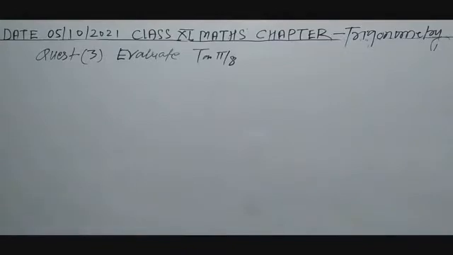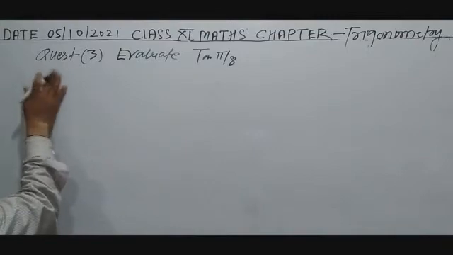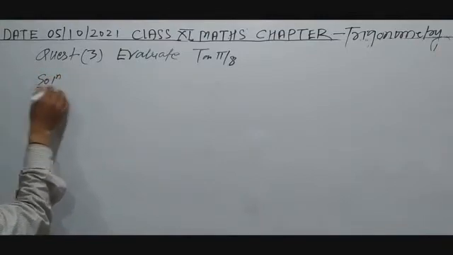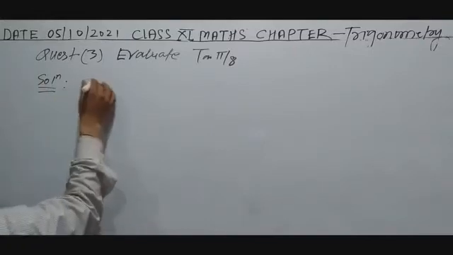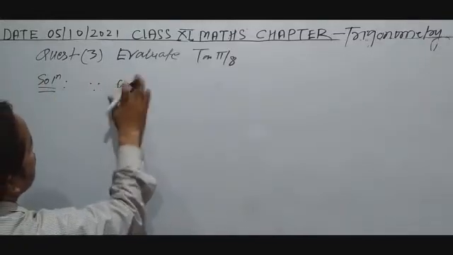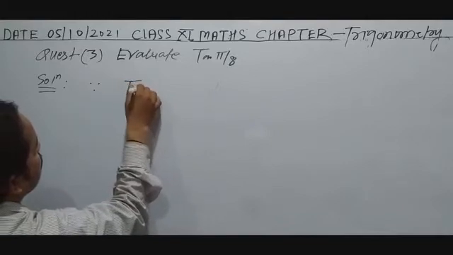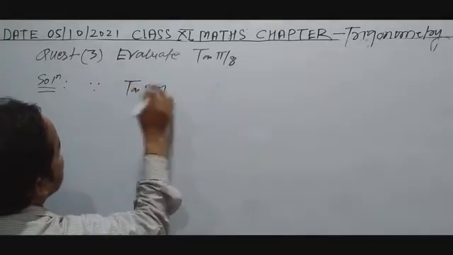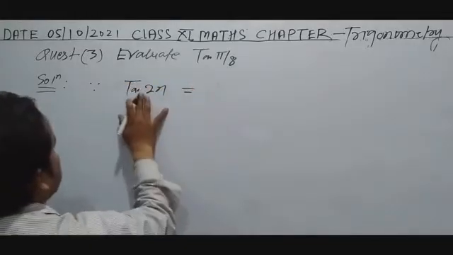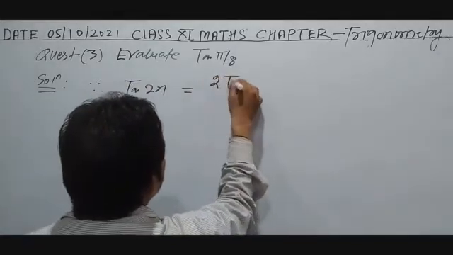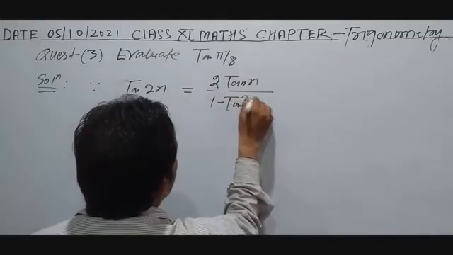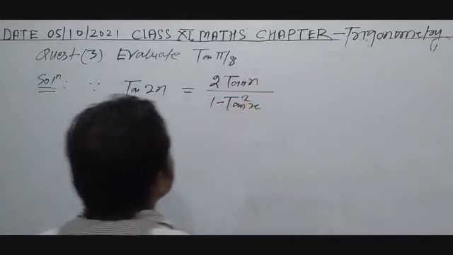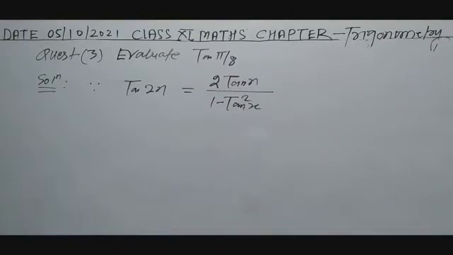So we are going to use a formula. See the solution. Since the tan 2x formula we know is 2 times tan x whole upon 1 minus tan square x. This is the formula.